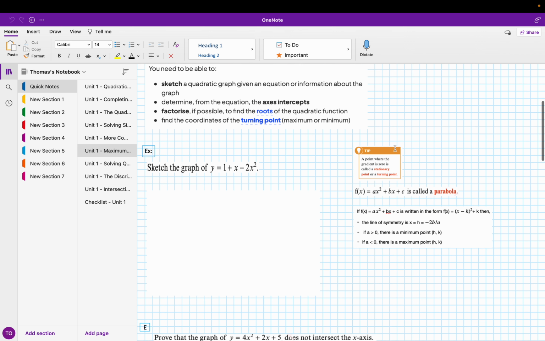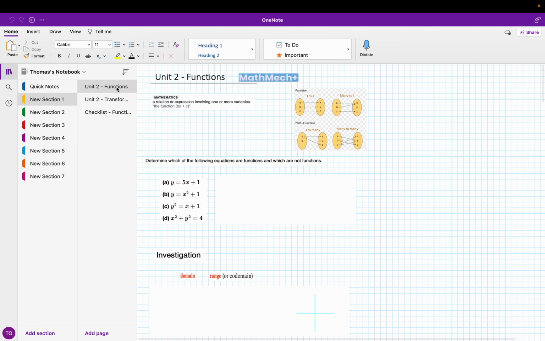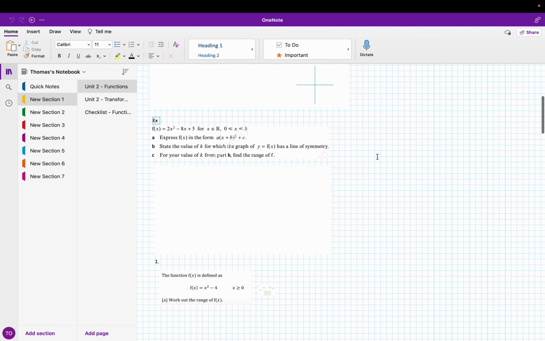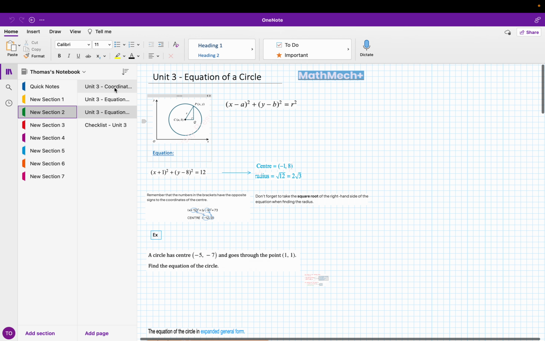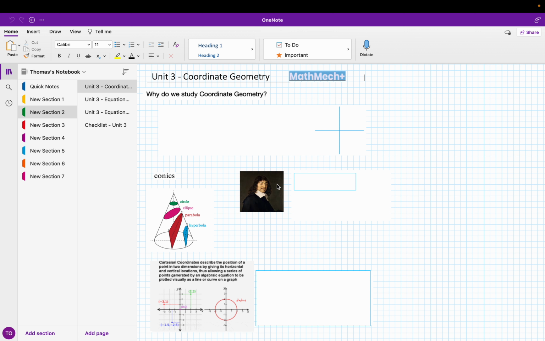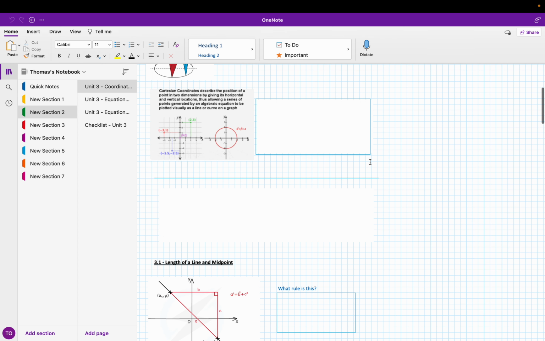Positive, negative, so just sketchy graphs. I'll just keep moving on. Functions are a very important part that you'll do in your university maths as well. And I have it all set out there, so functions and transformations of them and so on. Coordinates, what have we got? Coordinate geometry, so we don't have Newton. This is René Descartes. Cartesian coordinates are those X and Y things that you might have remembered.